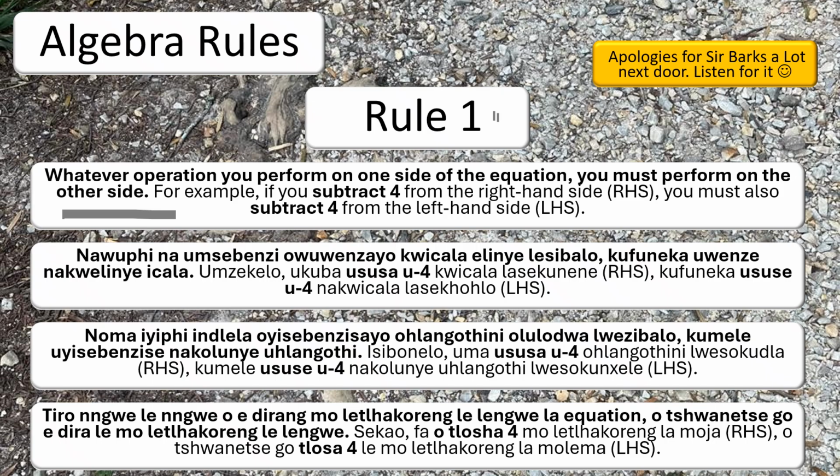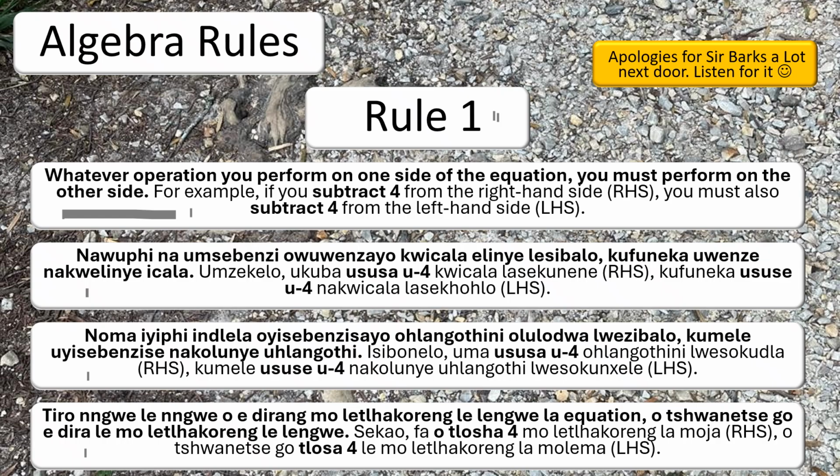This rule is in English, isiXhosa, isiZulu, and Setswana. So you can have a look if you speak one of these languages. But what I do suggest, the tests and exams are in English. So know the English, but to help your understanding, you can see your language of preference.